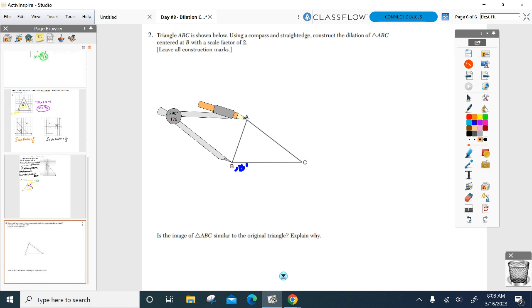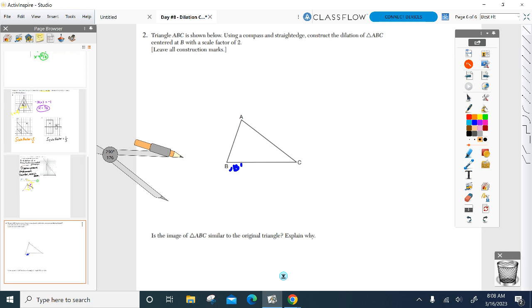All right, take your compass off now. Grab your straight edge and extend side BA. All right, extend side BA. And maybe you know what's happening here now.